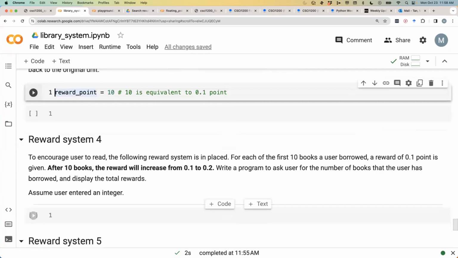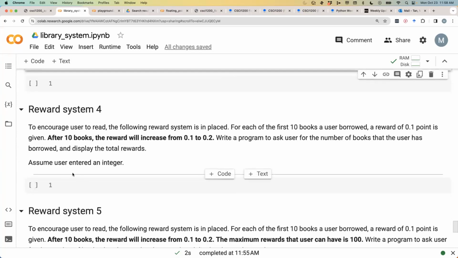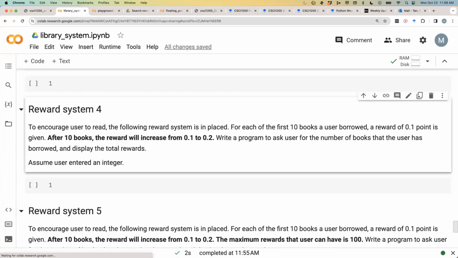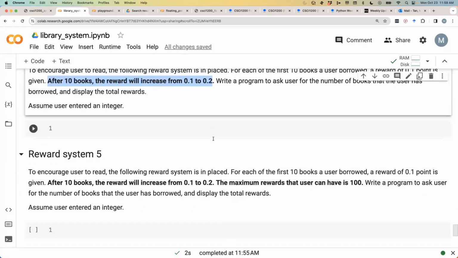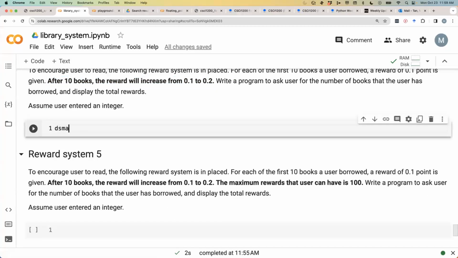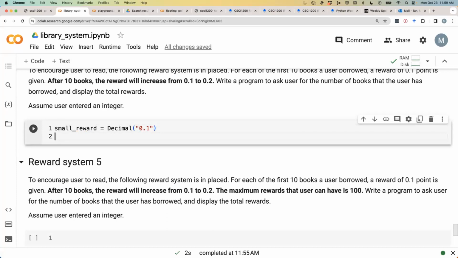All right. And the last system, with just a minor modification: after 10 books, the reward will increase from 0.1 to 0.2. So again, there are two reward systems now. So we have a small reward of Decimal 0.1. 0.1 cannot be calculated precisely, we can make it precise using decimal.